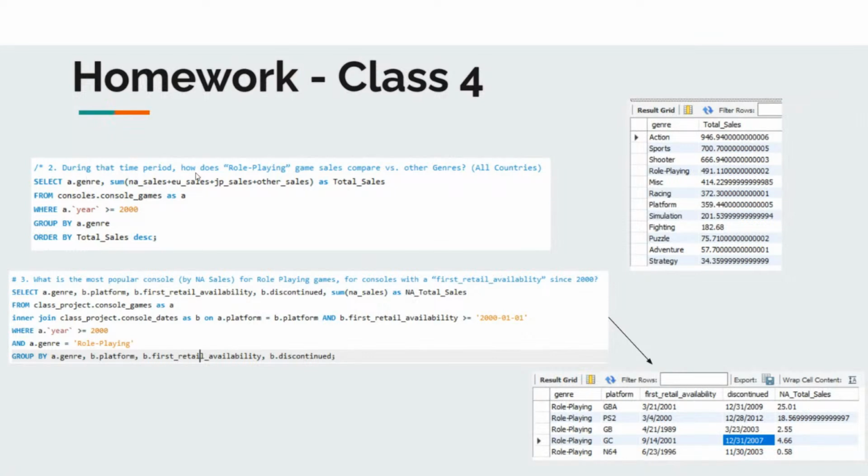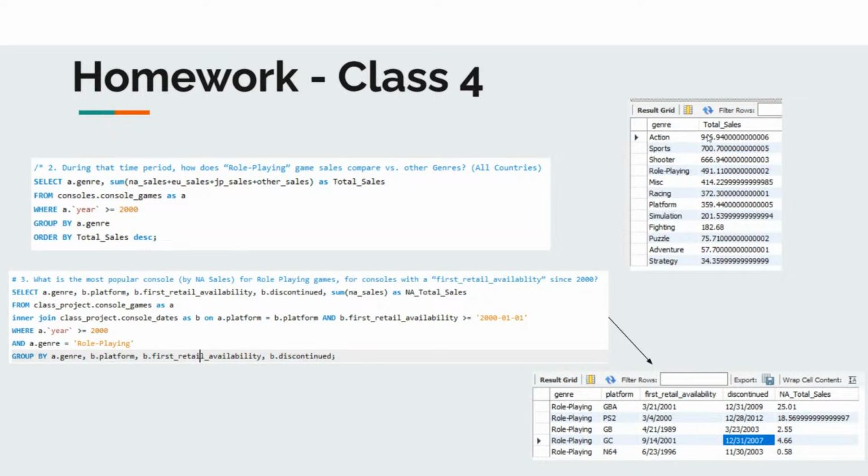The second question is, during that time period, how do role-playing game sales compare with other genres? So I took genre and did the sum of North America, Europe, Japan, and other sales as total sales, selecting from the console games where year is greater than 2000, ordered by total sales.